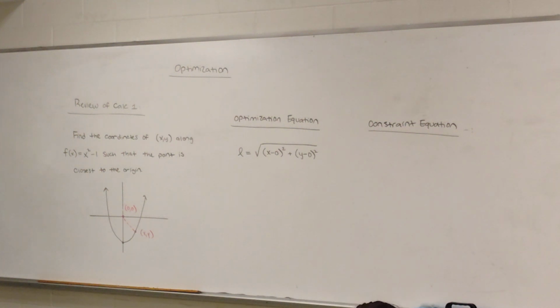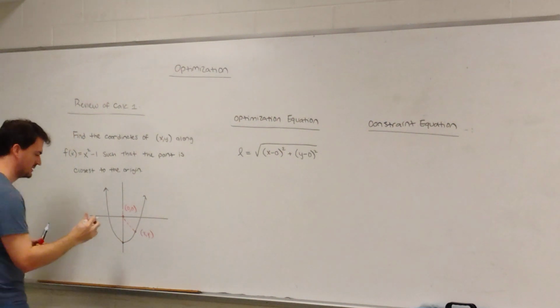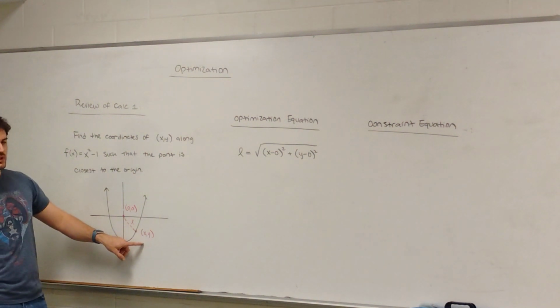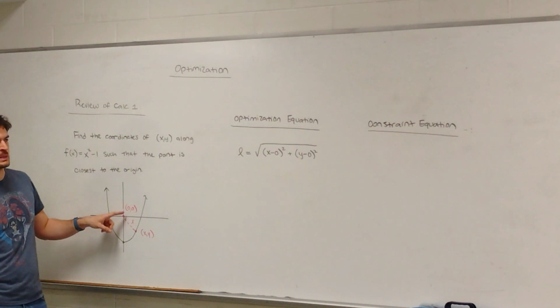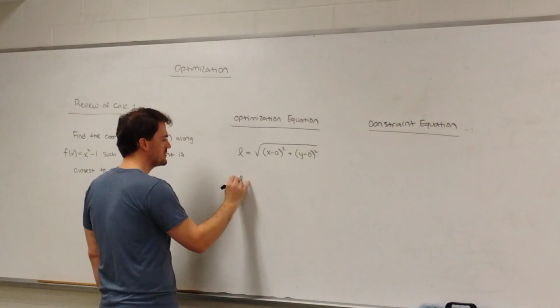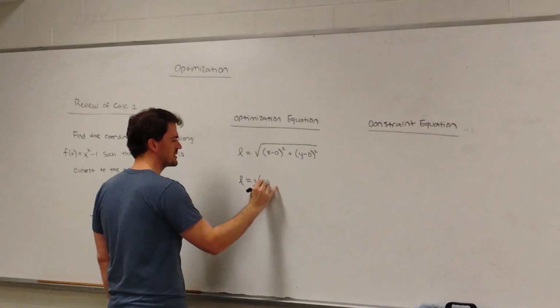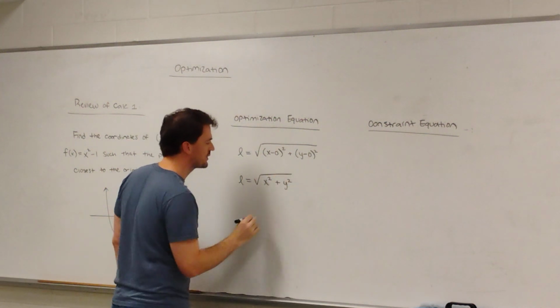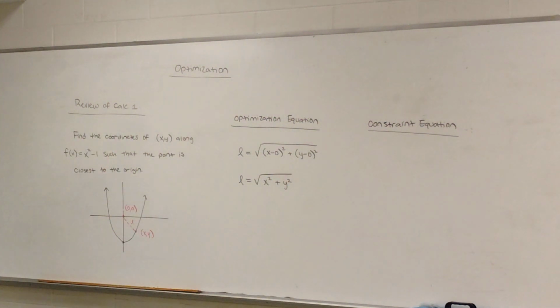So just so I don't have dd over dx, I'm going to call it L, just the length. So I'm finding the distance between this general point x comma y and 0, 0. And to make my life simpler, x minus 0 is just x, y minus 0 is y. So I get the square root of x squared plus y squared. That is my optimization equation.